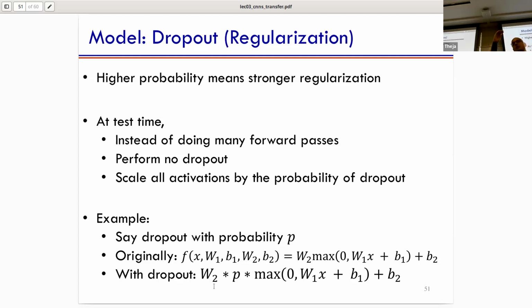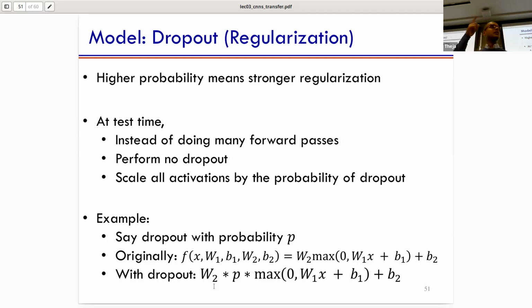So p times the full vector is as good as keeping only some entries without p, because in terms of magnitude you get the same magnitude of the vector. Then you do W2 times that. All I'm saying is that this is done behind the scenes for you by PyTorch and TensorFlow, but this is a correction that you need to do at test time.